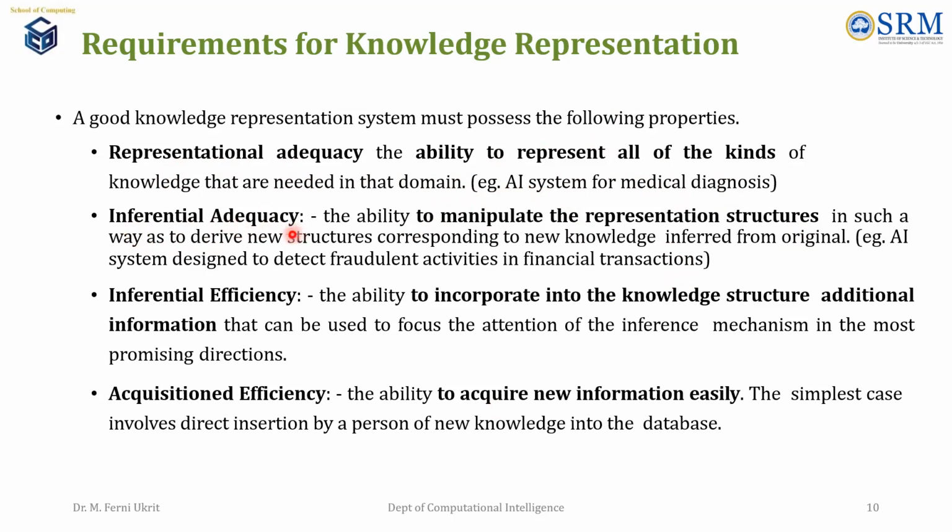Then inferential adequacy means the ability to manipulate the representation structures, that is, how the structures get manipulated from the original. The example is an AI system designed to detect fraudulent activities in financial transactions.